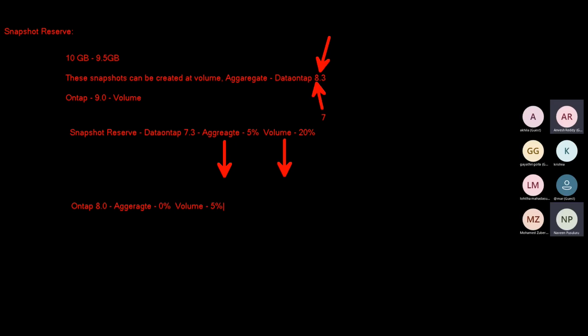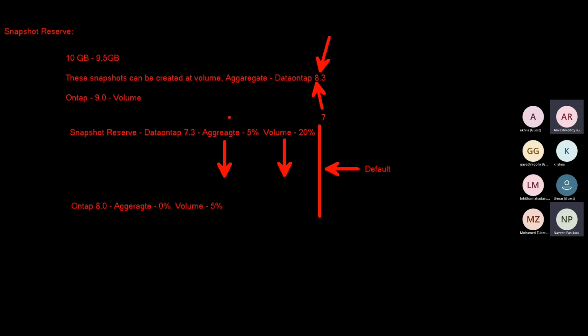And again, these are default values only, not mandatory things. So when you create any volume from ONTAP 9.0 onwards, it will reserve 5% of the space. If you are still running on ONTAP 7.3 or earlier versions, when you create any volume, it will reserve 20% of your volume space. But again, these can be changed.